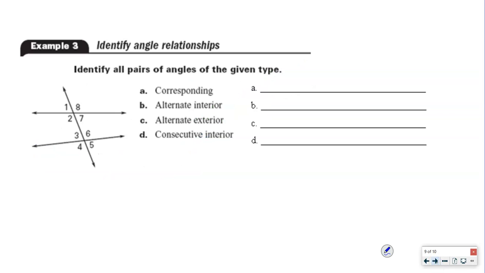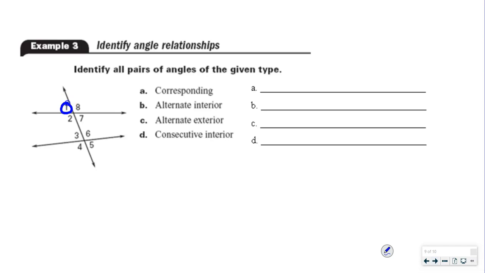All right, moving on to example 3. We need to identify angle relationships. Identify all pairs of angles of the given type. Corresponding. We need to list all corresponding angles. So our numbers are mixed around, so we can't just use the same numbers that we had in our definitions in our notes. But corresponding was in the same position along the transversal.